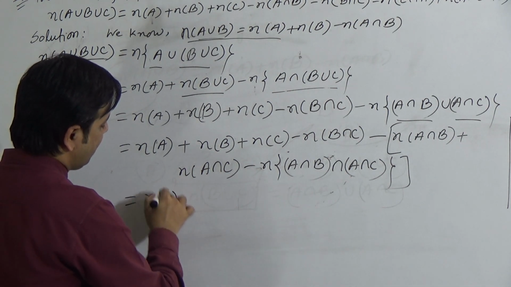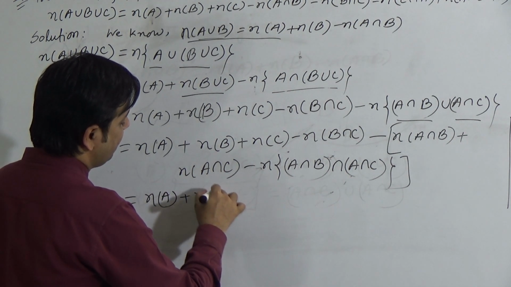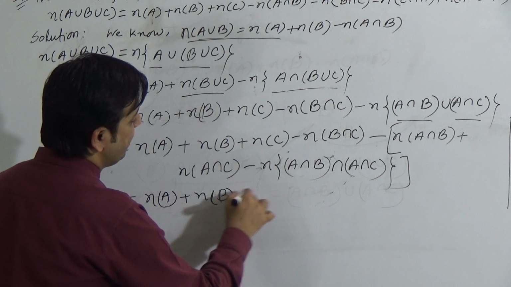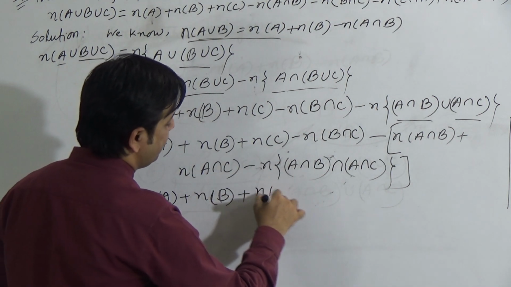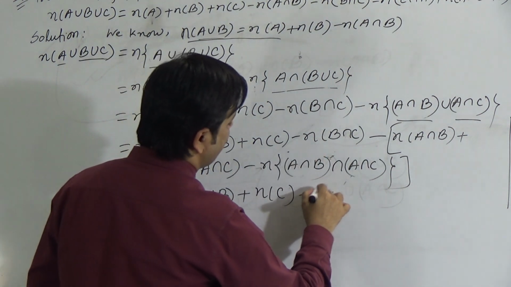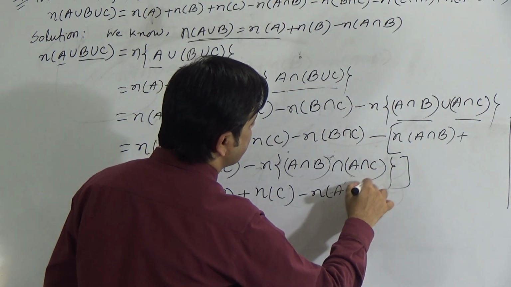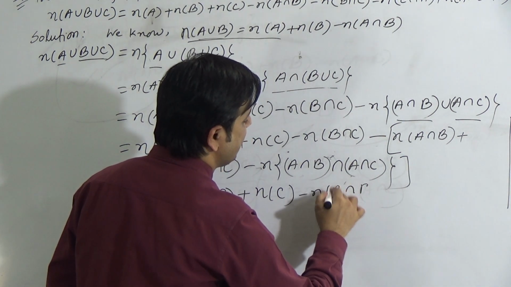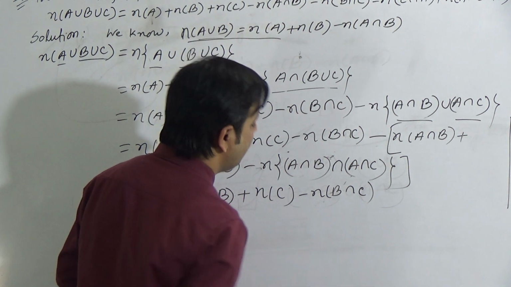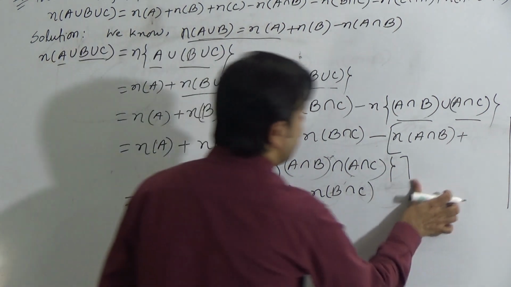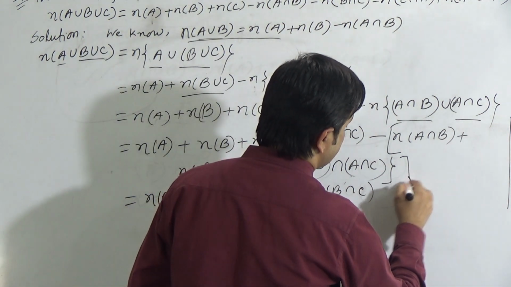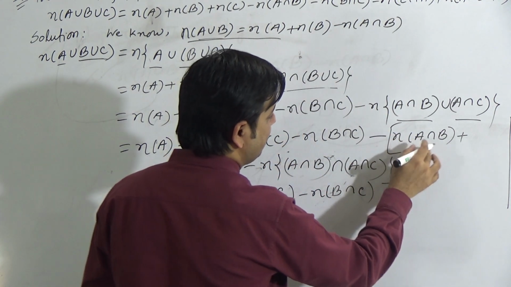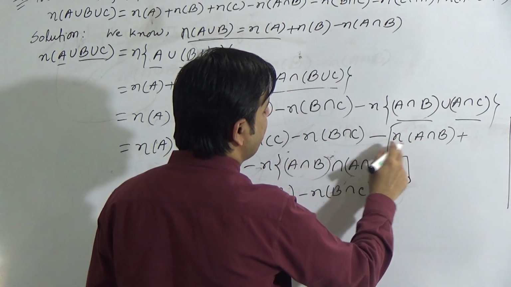Number of elements of A plus number of elements of B remaining here plus number of elements of C minus number of elements of B intersection C. Now what is remaining here? Now we can remove the third bracket.